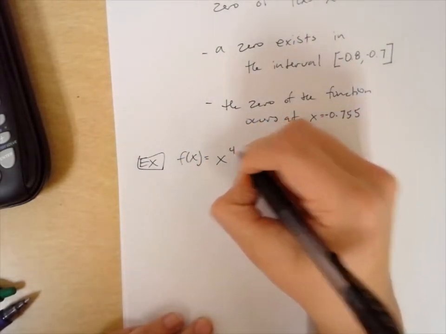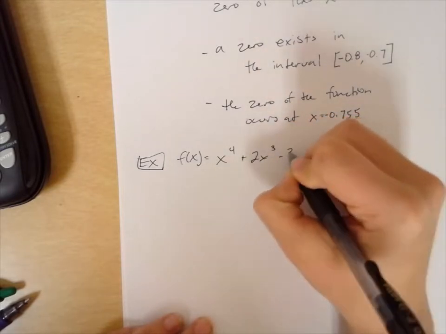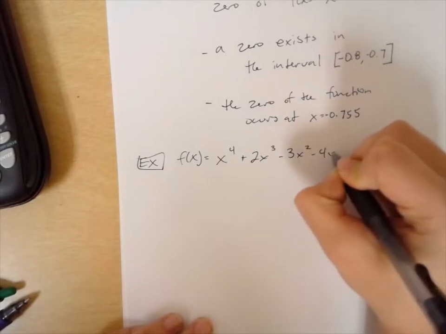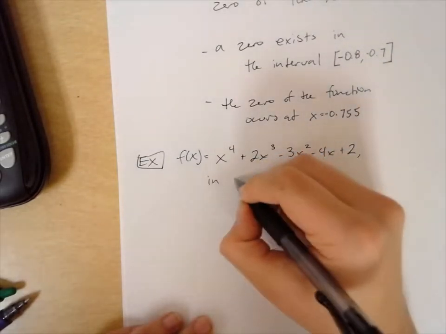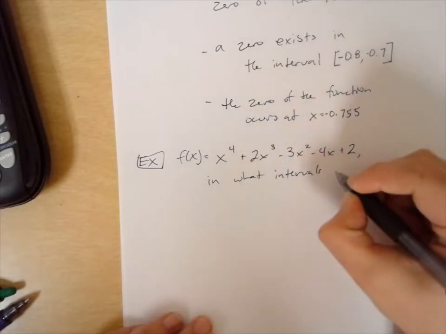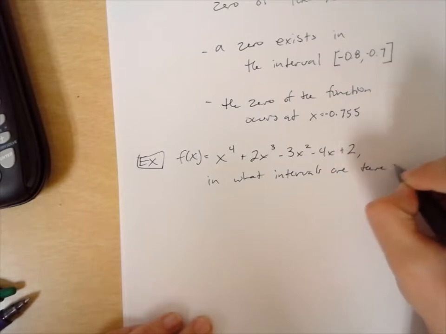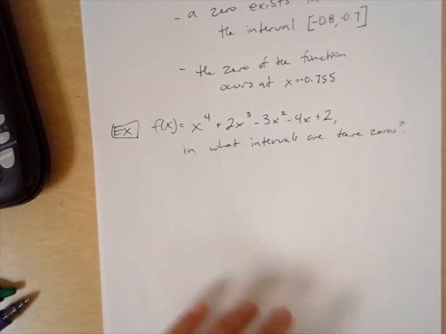But say we're given the function f of x equals x to the 4th plus 2x cubed minus 3x squared minus 4x plus 2. And we're asked the question, in what intervals are there zeros? We're going to use our table to help us with this one.